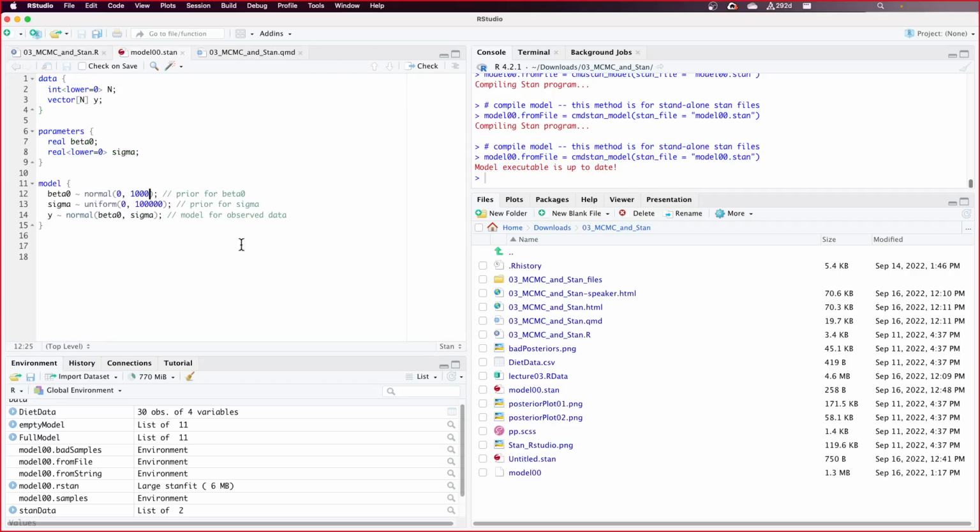But if I go and change something, for instance, let's just make that a comment, then when I rerun this line, you'll see it will recompile the program itself. So every time you change your Stan input file, Stan will have to recompile it to make it work. This is an important step because when we get down to running our analysis in Stan, running the analysis itself will need that executable. And if it's not up to date, you're running an old model. So you've got to make sure you always compile and then run. Okay?